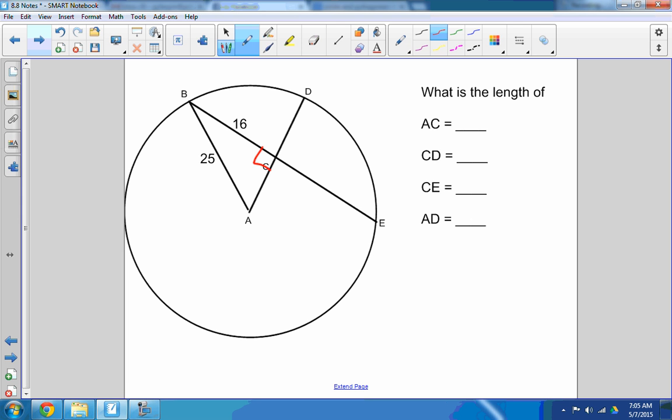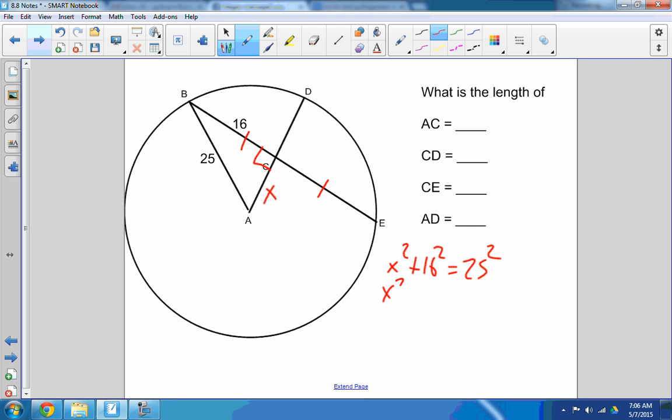We're given that the radius intersects the chord at a 90-degree angle, so that means these two are congruent. So we've got a right angle. Let's use the Pythagorean theorem and see if we can solve for the length of AC. So x squared plus 16 squared equals 25 squared.